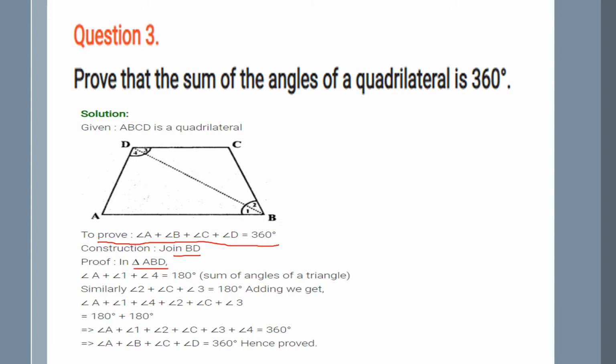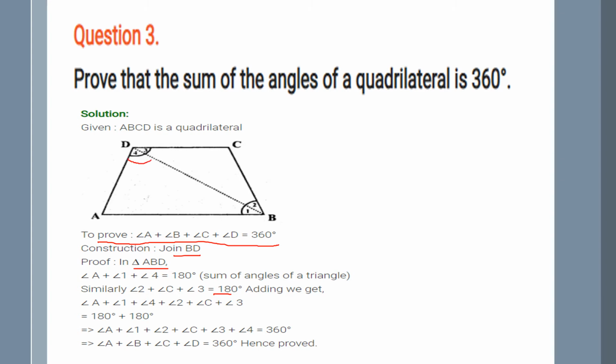So in triangle ABD, if I go in this triangle that I'm going to shade now, this is the triangle. In this triangle, you can see that angle 1 plus 4 plus angle A is 180 degrees. As you know very well, the angle sum property of a triangle: you know that the sum of all the 3 angles of a triangle is 180 degrees because it is a triangle.